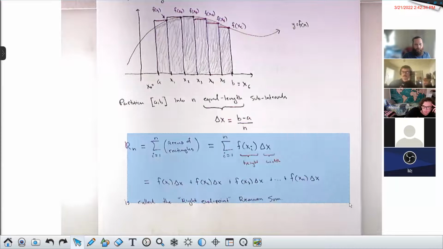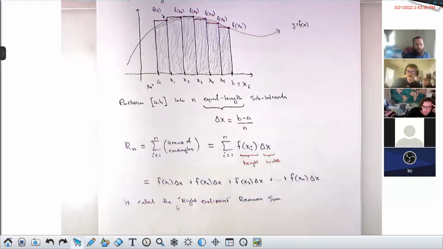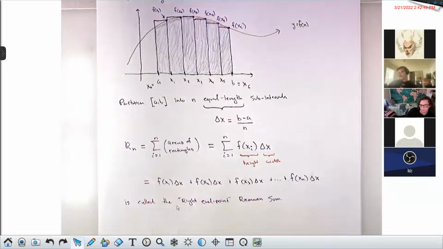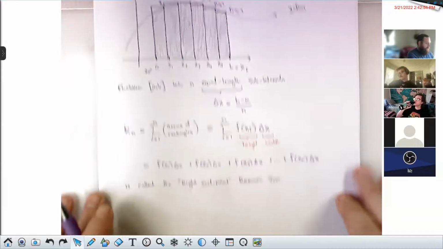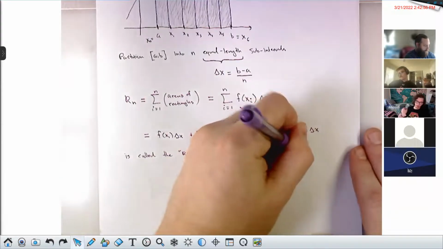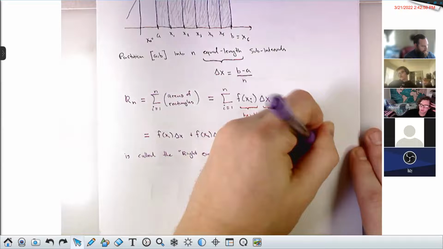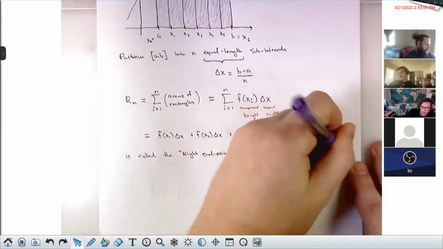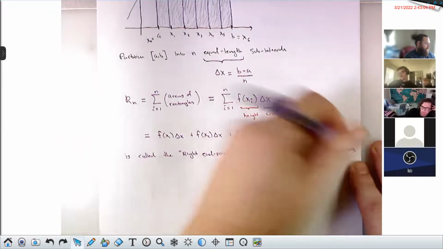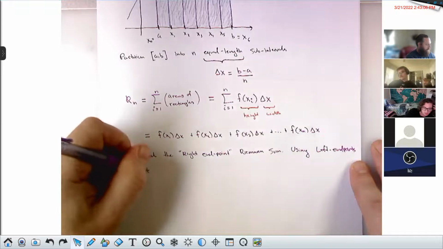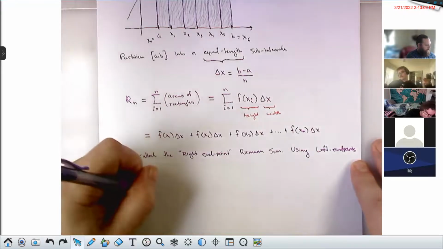Questions on the notation or where this is coming from, anything like that? Okay, if you're using left endpoints, we get the thing we call Ln.